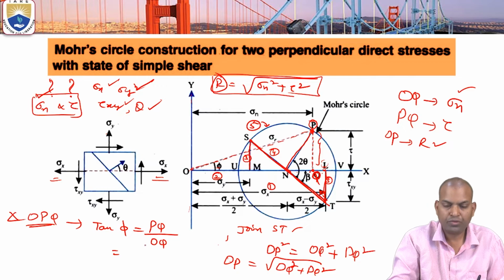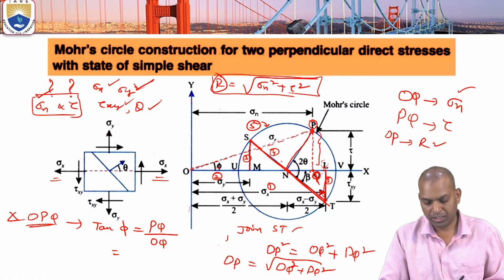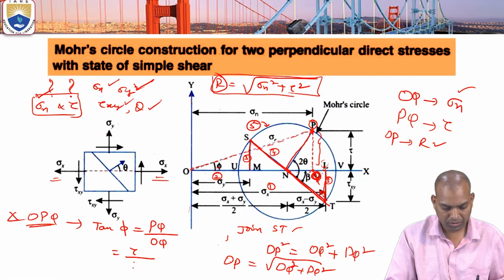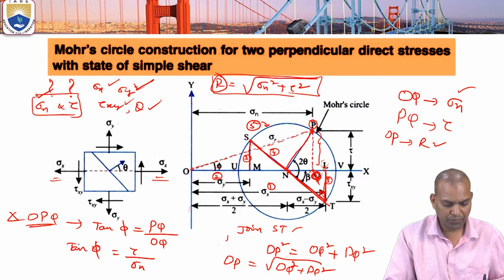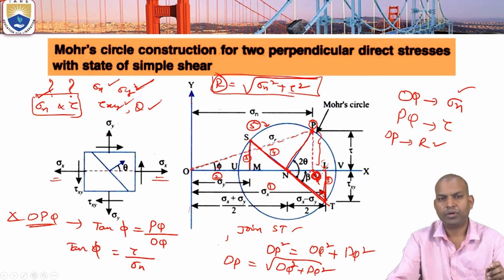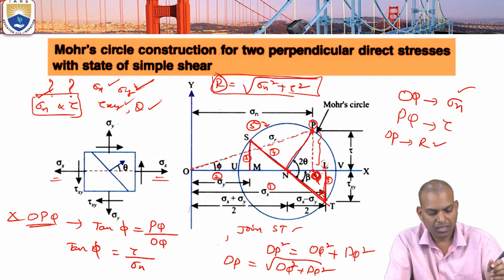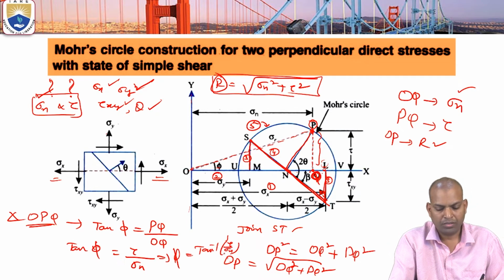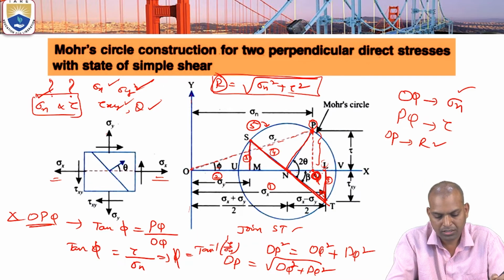What is the value of PQ here? PQ is tau. What is OQ? OQ is sigma n. Then phi equals tan inverse of tau by sigma n. This phi is known as the angle of obliquity.